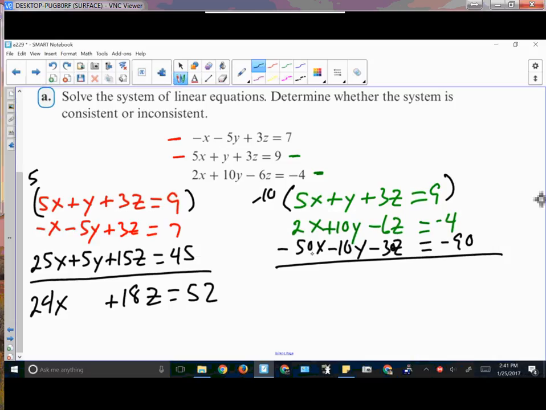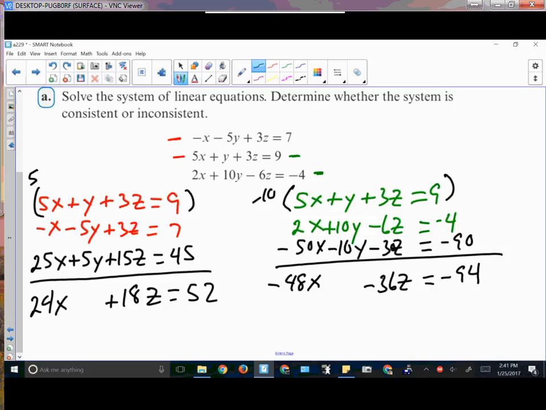So this turns out to be negative 48x. The y's are gone. Minus 36z is equal to negative 94. Is that better?